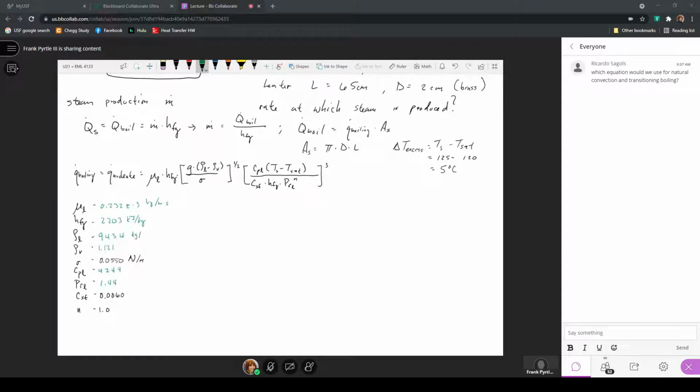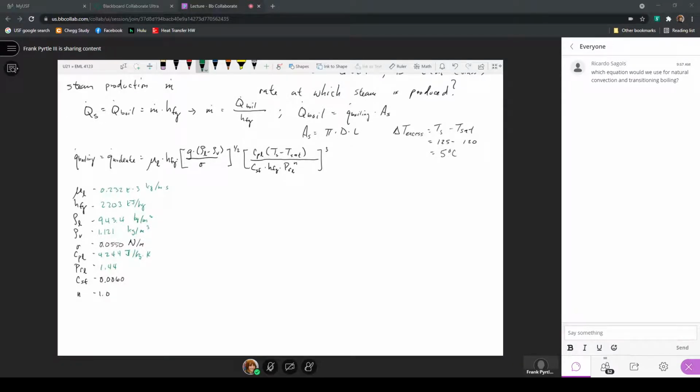So there's a reference here. Kilograms per cubic meter. This is kilojoules per, no, this is 4,000, so this is joules per kilogram Kelvin. And the Prandtl number is unitless, and these other two are also unitless.